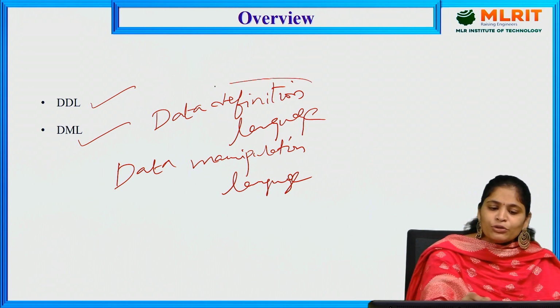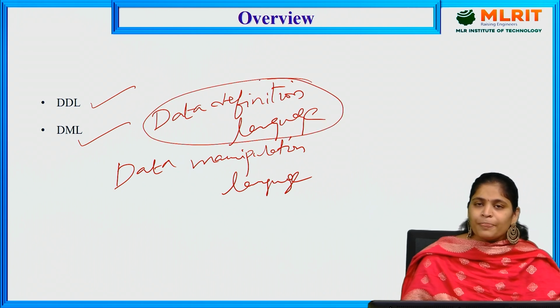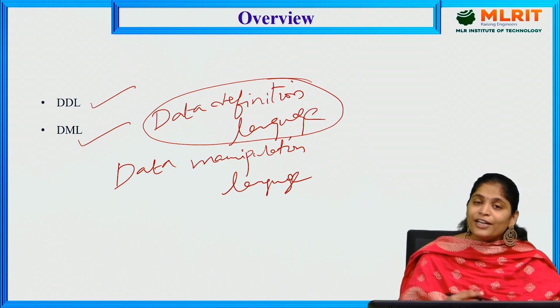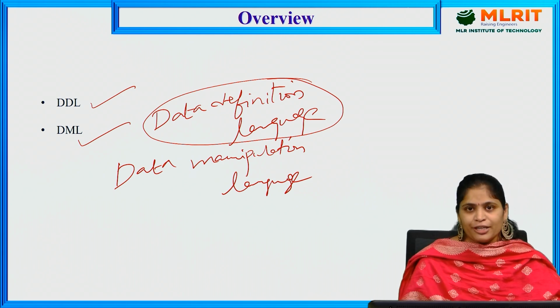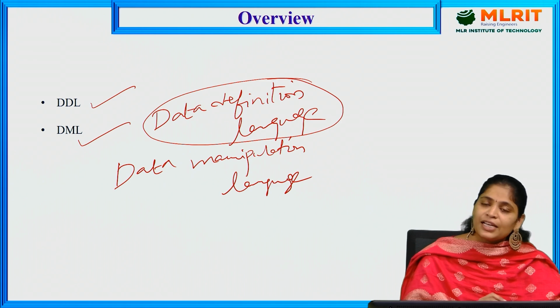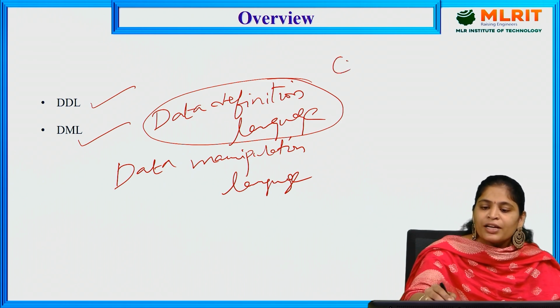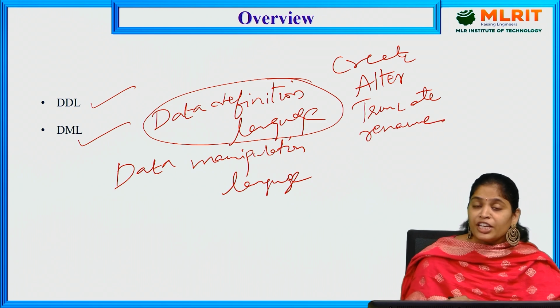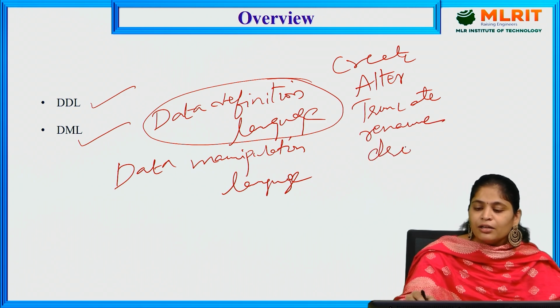So coming to Data Definition Language commands, these are used to define the structure of a database. These DDL commands include create, alter, truncate, rename and drop.